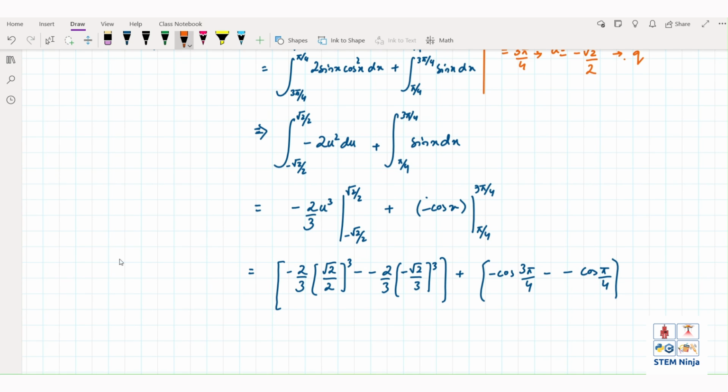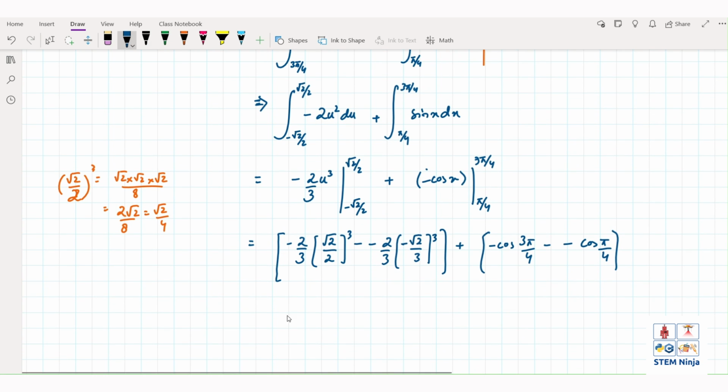Now we need to simplify. So root 2 over 2 cubed becomes root 2 times root 2 times root 2 over 8. Root 2 times root 2 is just 2, so 2 root 2 over 8, which is just root 2 over 4.